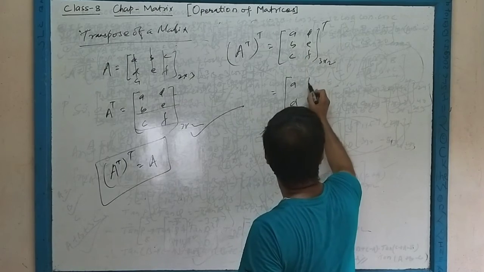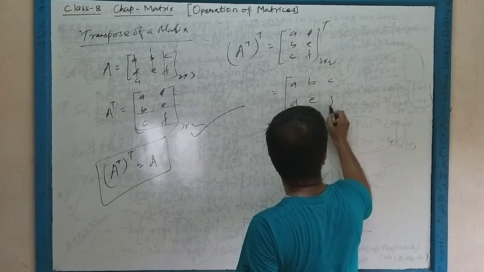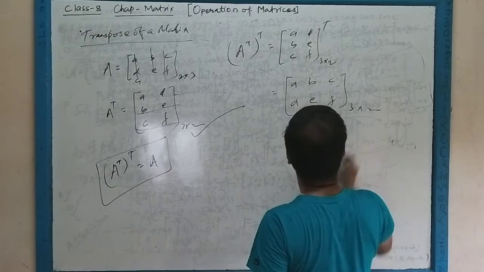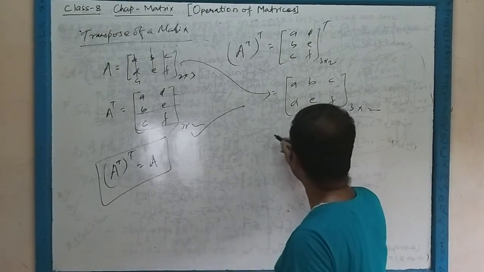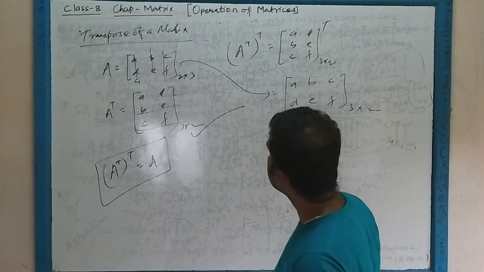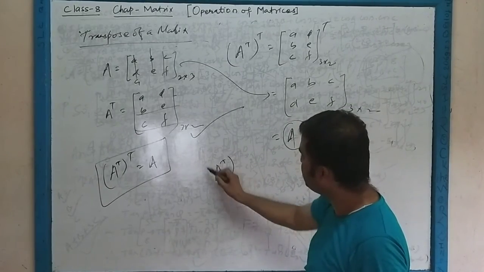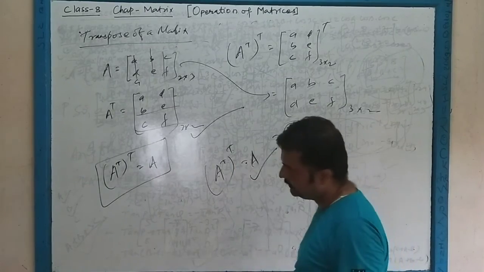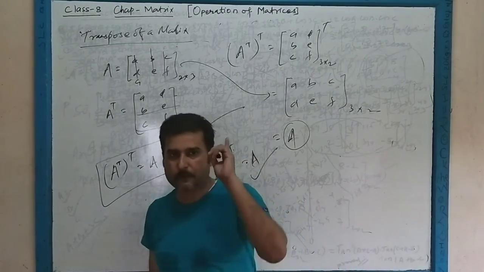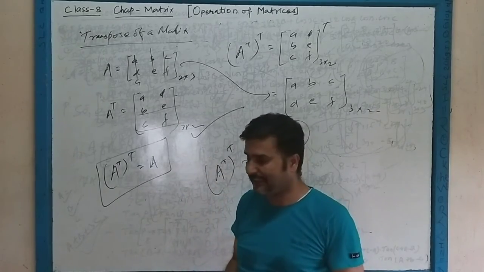Second row becomes second column: b, e. And the third: c, f. So 2 by 3. This is the same as matrix A. So finally we have the result: the transpose of the transpose of any matrix is the matrix itself.